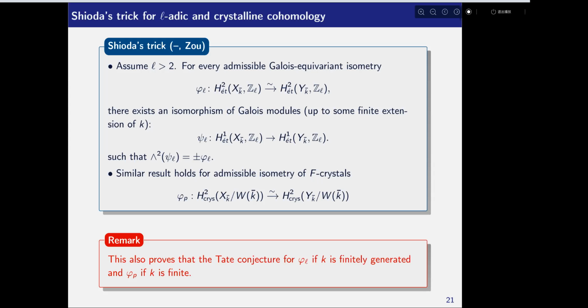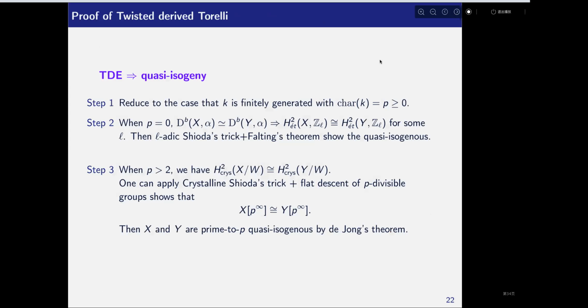So please let me know if this is already known. So here is just some application of this Shioda trick. And now I can sketch the proof. I have 3 minutes, which is kind of enough.